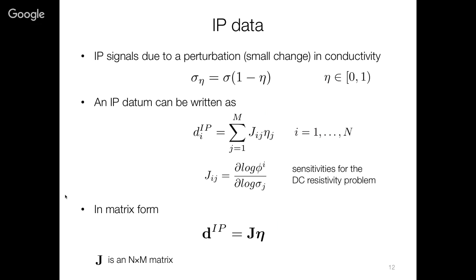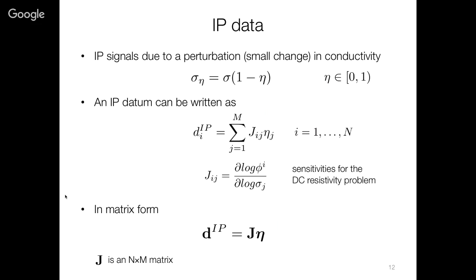The thing to do is to recognize that this IP is kind of changing the conductivity, but chargeability is just some number between 0 and 1, and usually it's pretty small, like 0.1, 0.15, something like that. So that means that the effect of chargeability is to put a perturbation on the electrical conductivity. So every time somebody says, oh, I'm going to perturb something, you say, Taylor expansion, right?